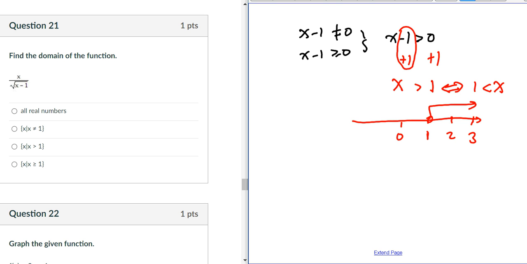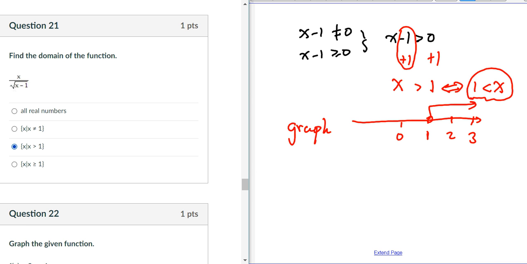Again, this is the graph. This is the algebraic expression, and the set notation would be the one right here. So again, you do not want to choose the last one here. You want to choose the third one. Okay. All right. I'll see you next time.